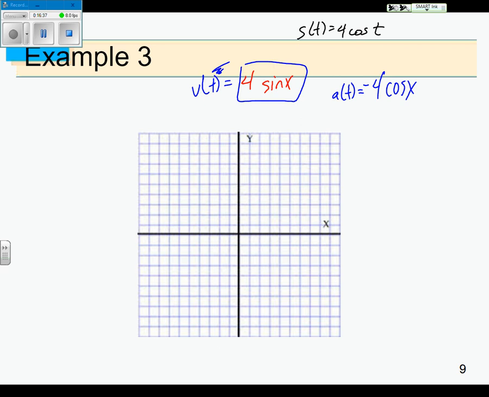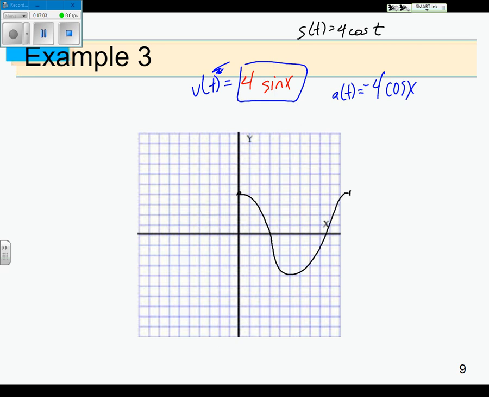So let's draw this the best that we can, try to leave everything to scale and see what we get. So 1, 2, 3, 4. That's where my spring is going to start on that position function, 4 cosine t. Okay, and over time, it's just going to come down, all the way down to negative 4 cosine t, and then back up.